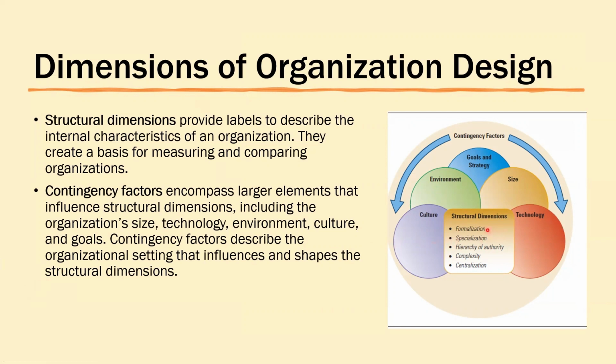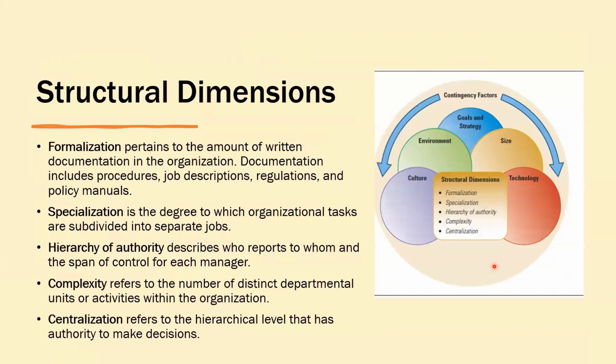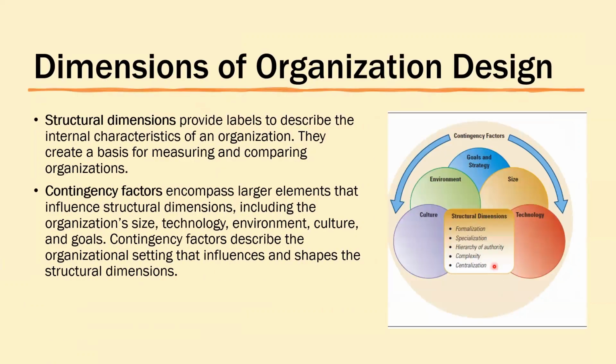So the structural dimensions would be whether or not an organization is formalized, whether or not it is specialized. What does the hierarchy of authority look like? Also, is it a very complex organization in terms of its structure? And also, what is the level of centralization or decentralization? And this refers primarily to decision making. Is decision making made at the top or the bottom or whatever? So we call these the structural dimensions.